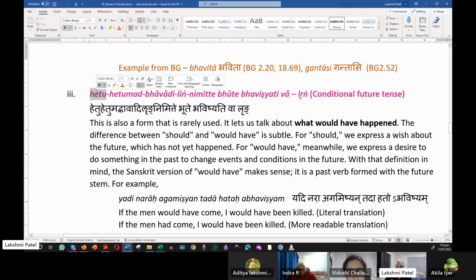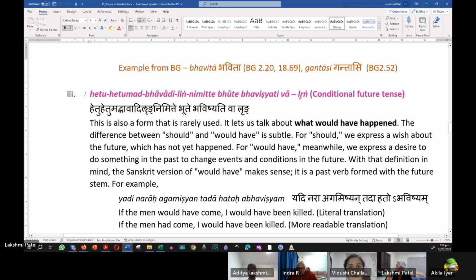Hetu means karan, reason. So it gives the feeling of having a particular reason. Nimitta means instrument. Karanam. So hetu also means instrument or cause. Nimitta also means instrument or cause.